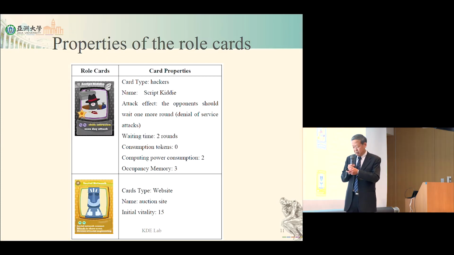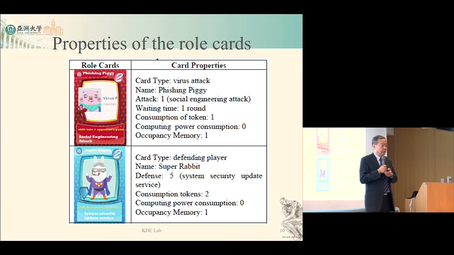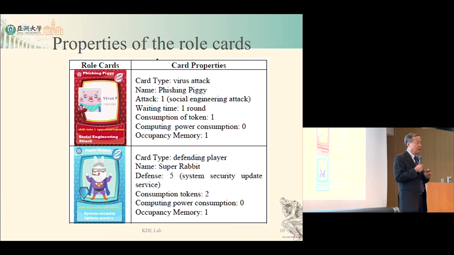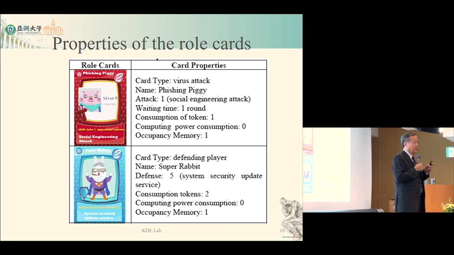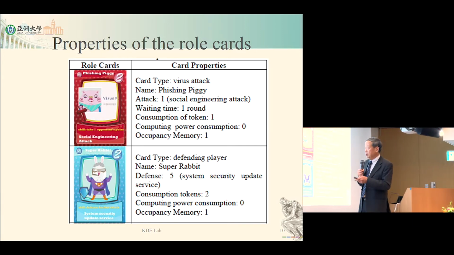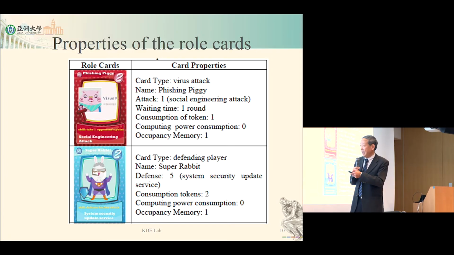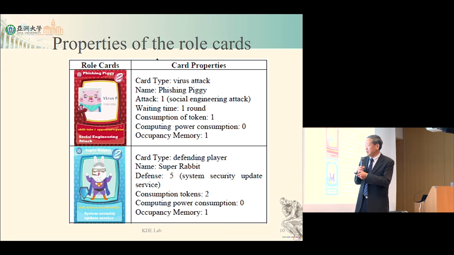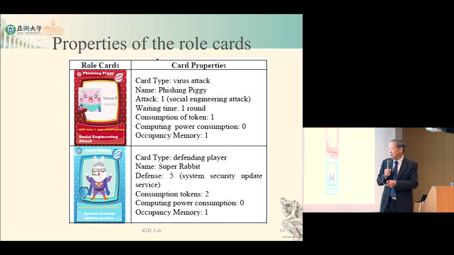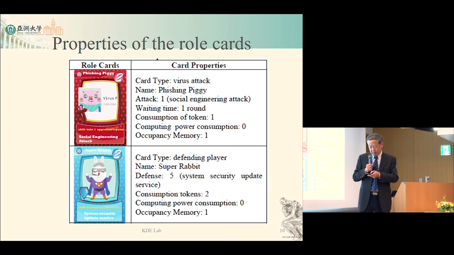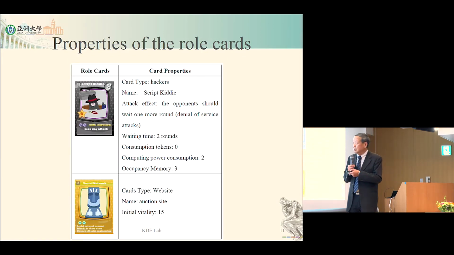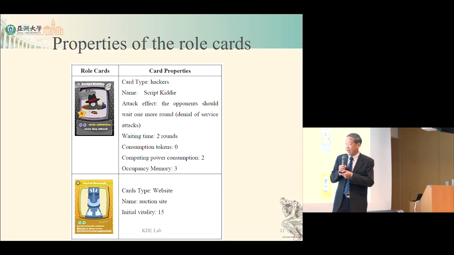There are several attributes associated with it, and each attribute can indicate some property, for example, the degree of the attack, the capability of the attack, the consumption of the attack, and the power consumption. Similarly, the rabbit represents the defending players, and the bear represents the hackers.